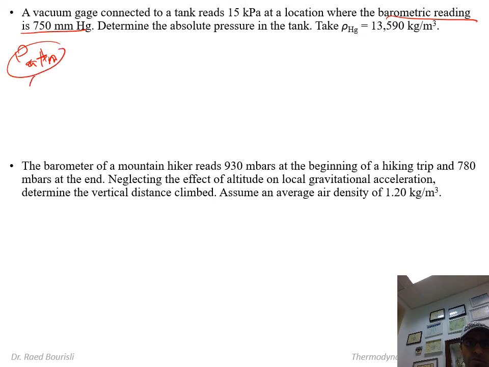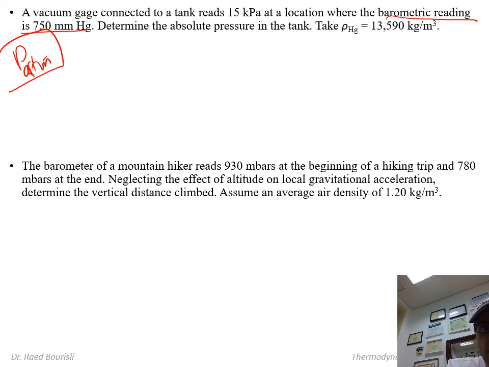I have information about this, but not in the units that I'm most familiar with. But this is nonetheless the atmospheric pressure. So let's say P atmospheric in millimeter of mercury.